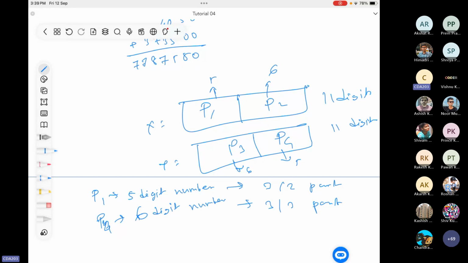Then we again apply this division. We again divide these problems into smaller subproblems, and we try to solve till we reach single digits, and we can multiply them. So that's the idea of this one. We are recursively applying this method until we get a single digit, and then we finally come up with the answer.